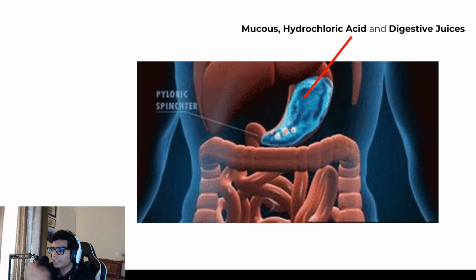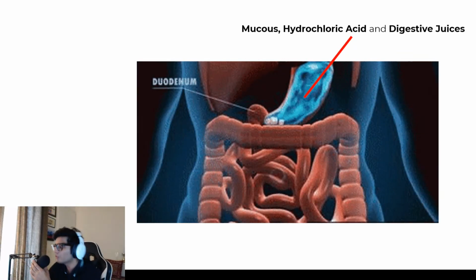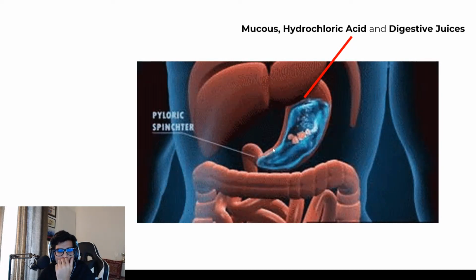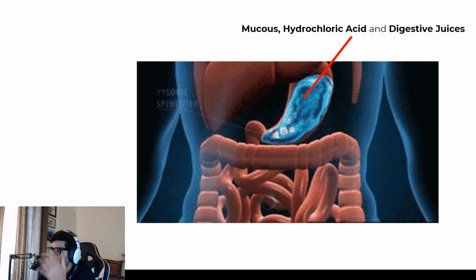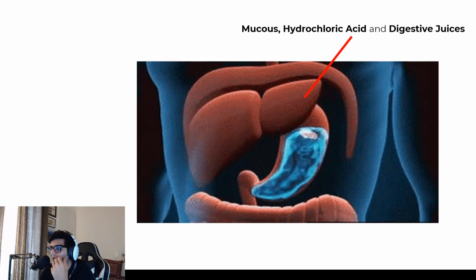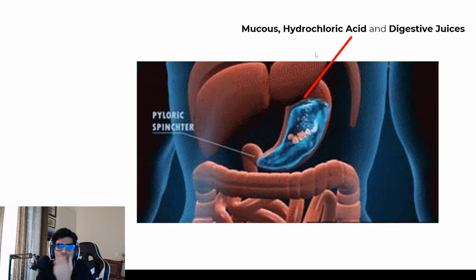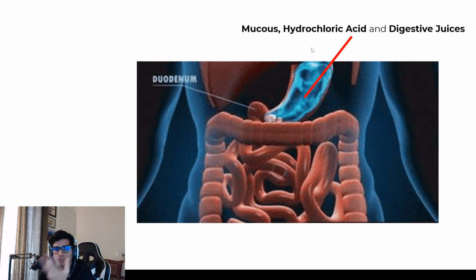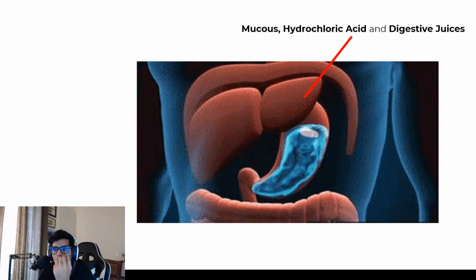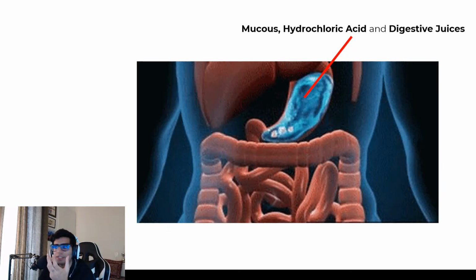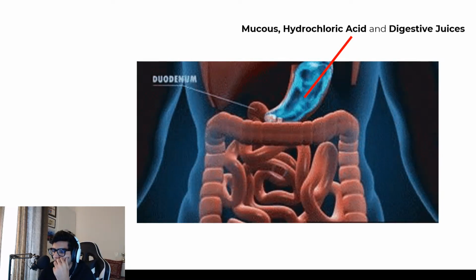So it gets broken down by digestive juices, from the inner lining of the stomach, which you can see here. This inner lining secretes mucus, hydrochloric acid, and digestive juices, which you can see on the screen. The food is going to get broken down into substances which the body can use, basically.